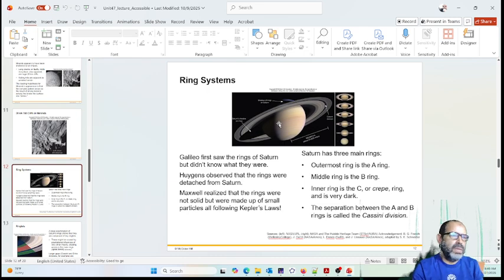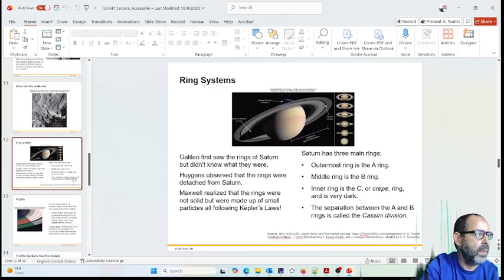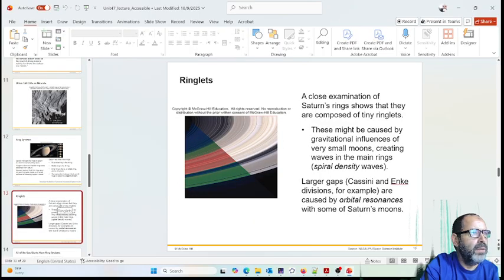It's made up of three main rings: the outer ring, which is A, then ring B, and the inner one, which is C. In between these rings there are gaps. The biggest gap that we see is the Cassini division, between rings A and B. If you look up close, you will see that there are far more divisions than this, more gaps in between them, to the point that you have ringlets.